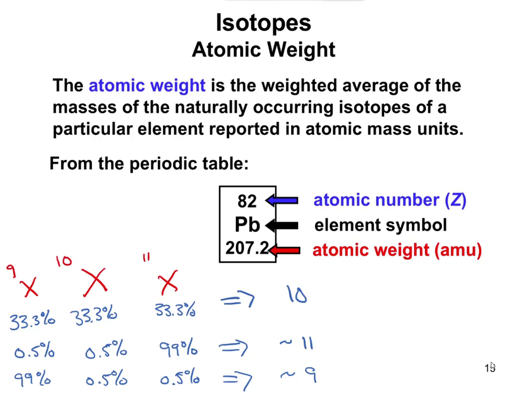You can do a weighted average of all of your grades, and your final exam is worth more. It's the same idea here. If there's more of, say, this one, where we're looking at 99%, the overall mass is going to be closer to 11 in that case. So again, weighted averages are how we get to the overall atomic weight that you see on the periodic table.